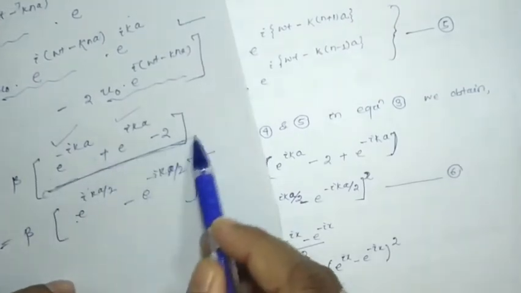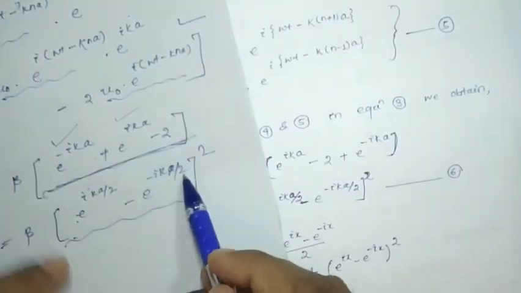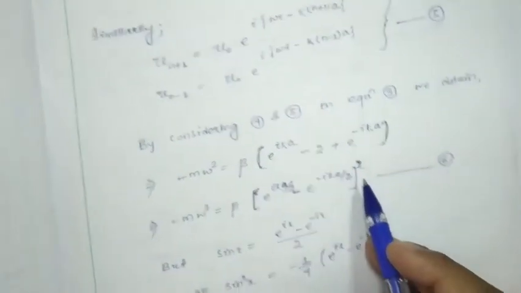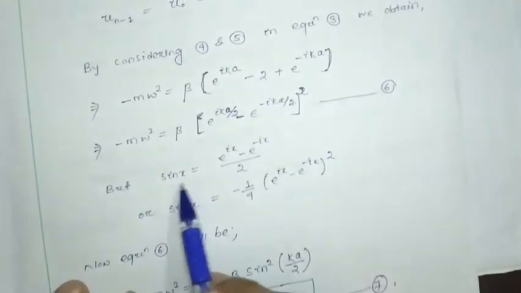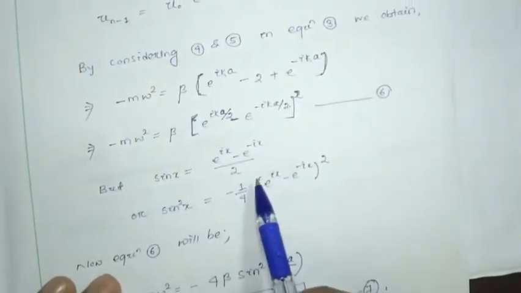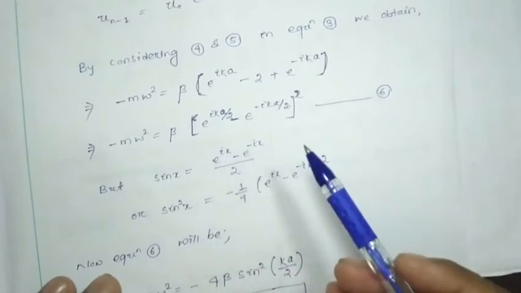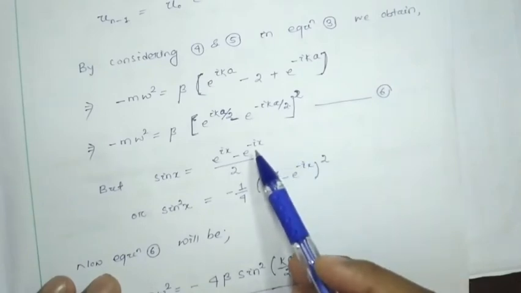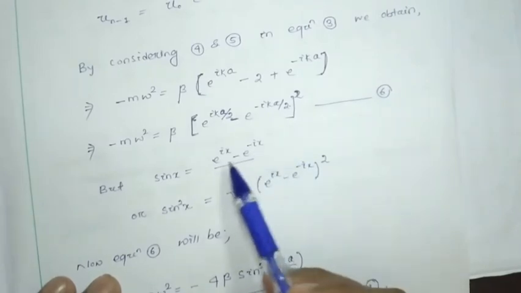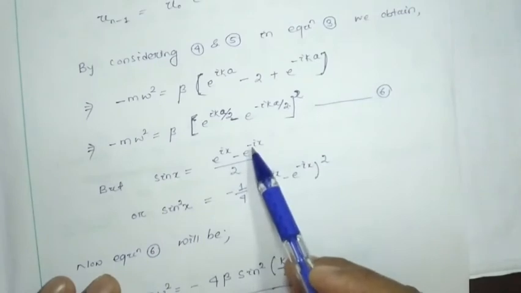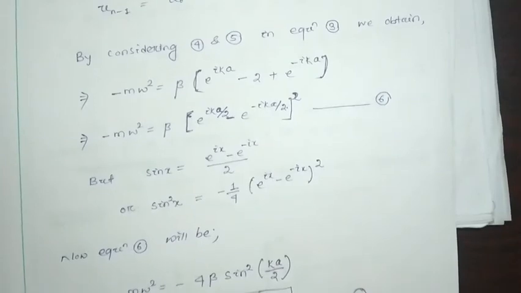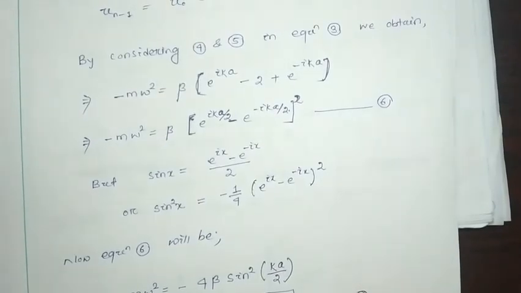So this can be written in the form of (a minus b) whole square, the same thing I have written over here. But we know that sin x is nothing but (e to the power ix minus e to the power minus ix) divided by 2i.